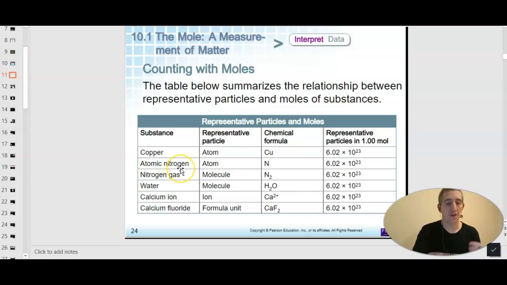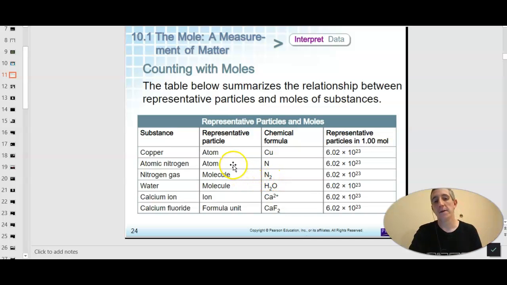Atomic nitrogen, so the nitrogen we breathe in is diatomic N2. And so that makes a molecule. 2 atoms bonded together could be a formula unit if it's ionic, or a molecule if it's covalent. But here we have nitrogen gas diatomic, which are 2 nonmetals. That makes it a molecule.